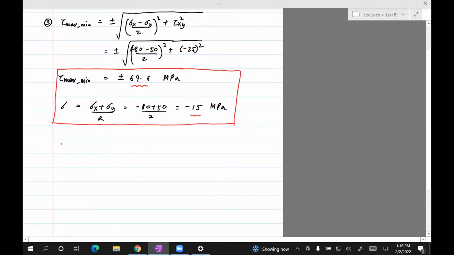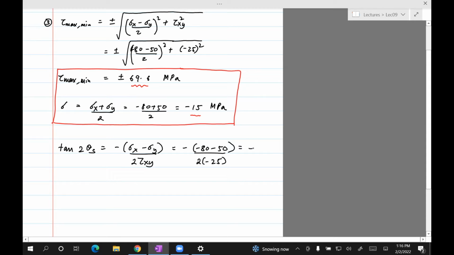Okay, and then to get the direction, we need to use the formula for 2 theta s, which is minus (sigma x minus sigma y) divided by 2 tau xy. That would be minus (80 minus 50) divided by 2 times minus 25.